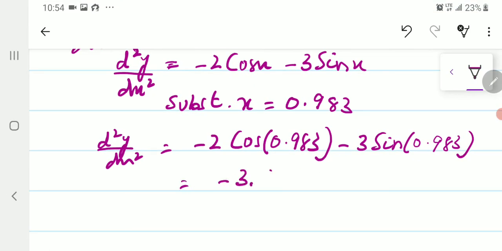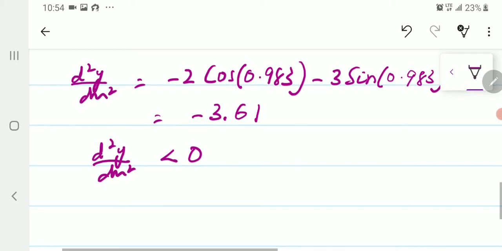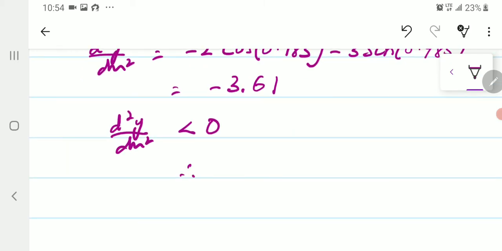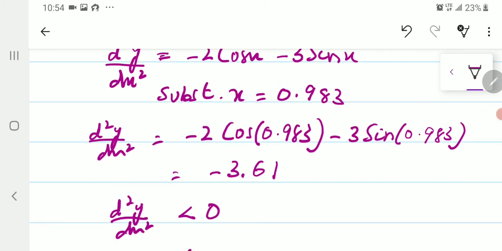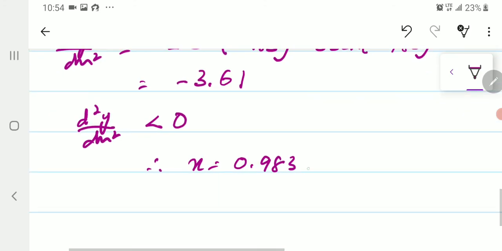Since d square y over dx square is coming negative, that is, less than 0, therefore the stationary point x equals 0.983 is a maximum. So this is the nature of the point.